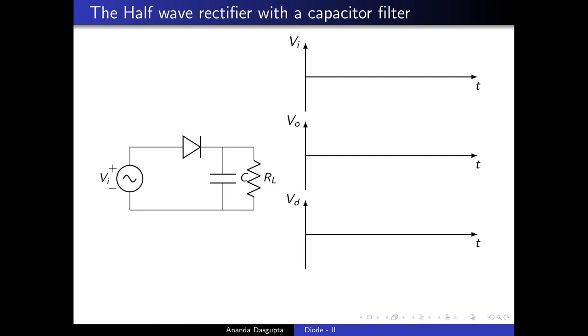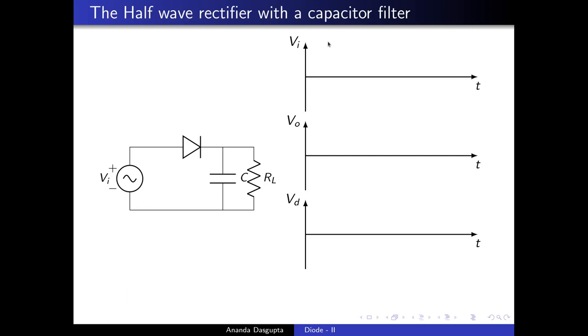So in a sense, it's easy to understand why the capacitor put across the resistance should reduce the ripple. But to see this in some detail, let me take the help of a graphical representation which I have set out on the right hand side here. Let me quickly explain what these graphs are going to be.